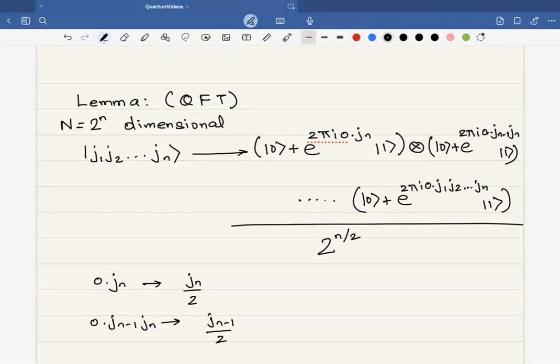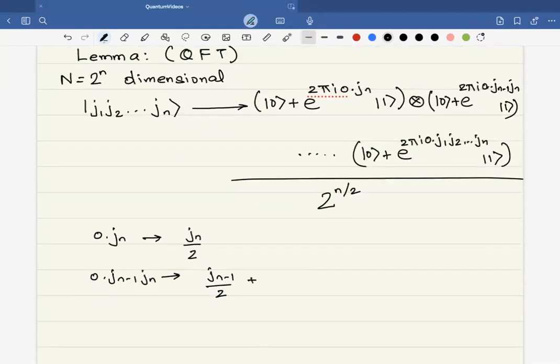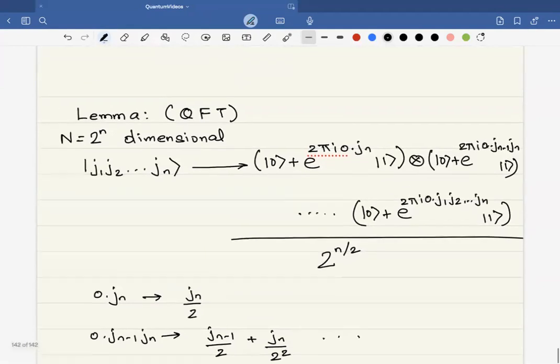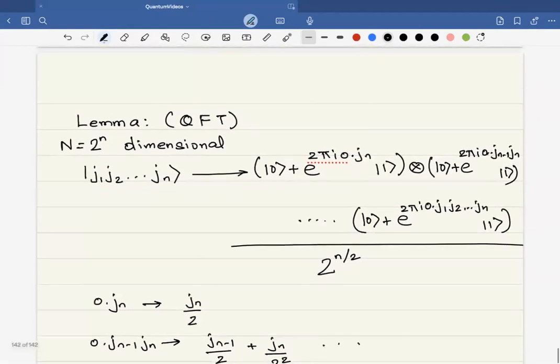So it's a bit representation in base 2 notation. The main point of this lemma is that in this qubit representation, this is a product state.